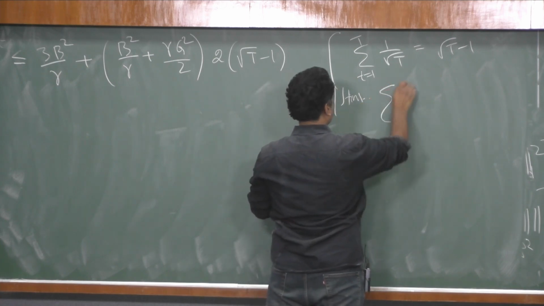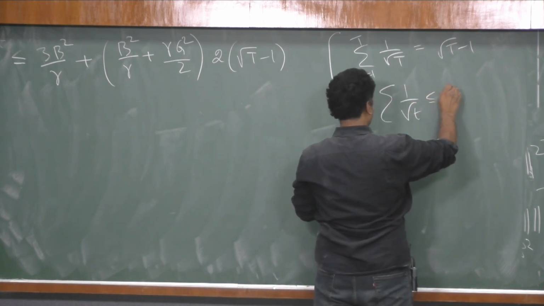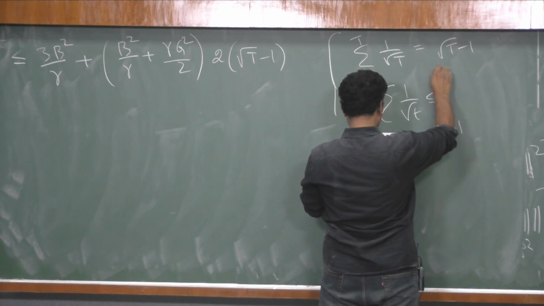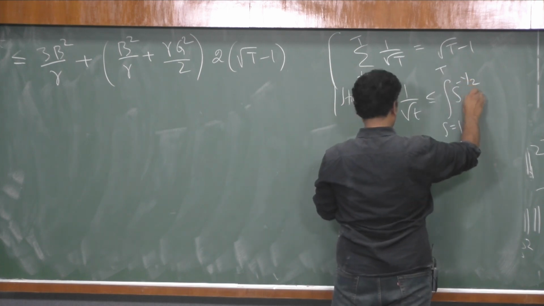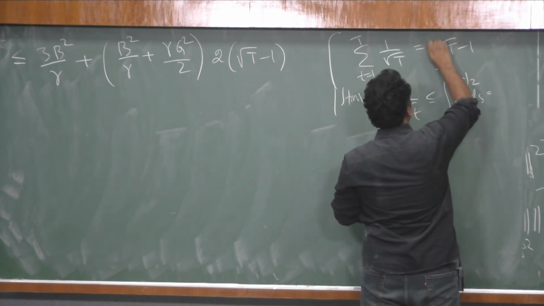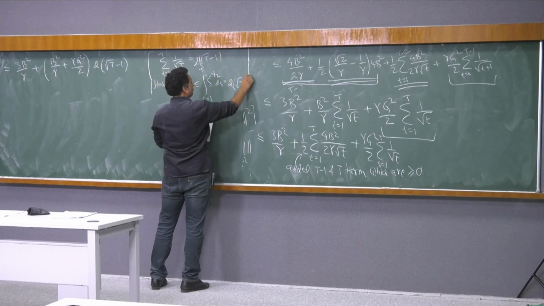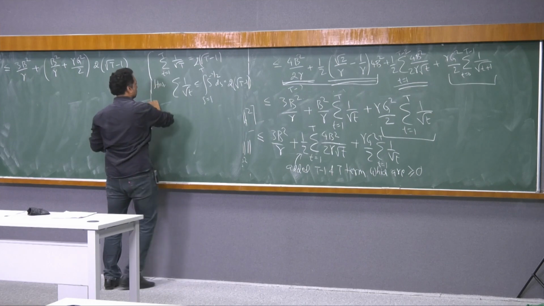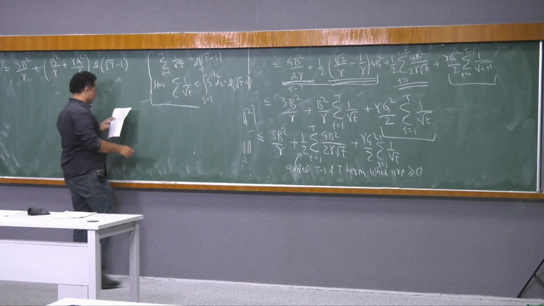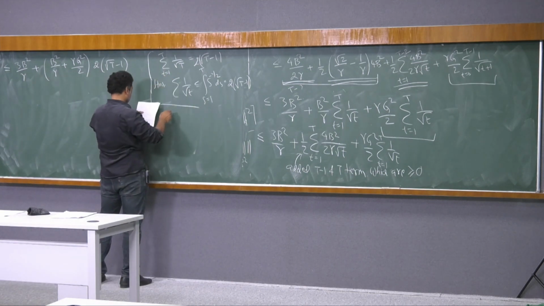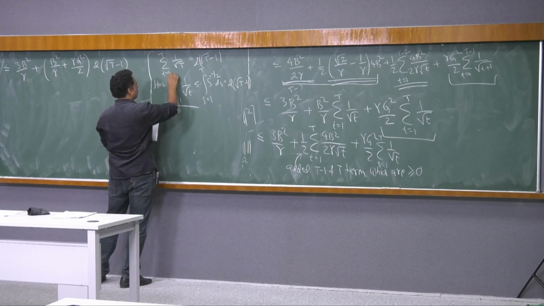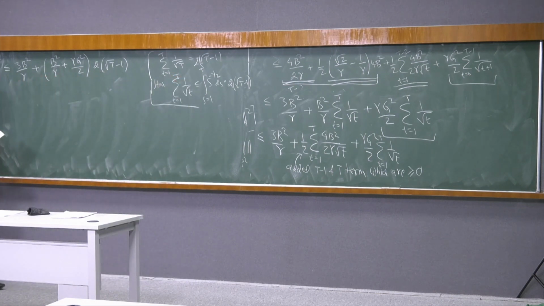This comes from the fact that 1 by square root of t is less than or equal to the integral from s equals 1 to t of s to the minus half ds, which is 2 times square root of t minus 1. You have used something similar before, but again this integral bound is being used here. The range in our case is t equals 1 to t. The integral bound gives us this bound. So we use the fact that square root of t is greater than or equal to 1.